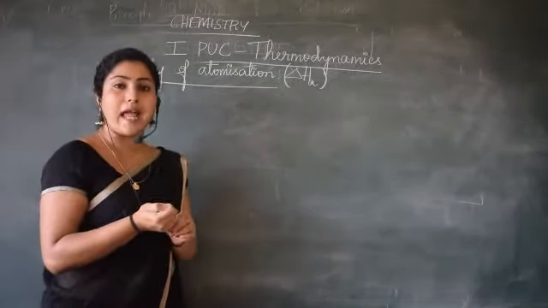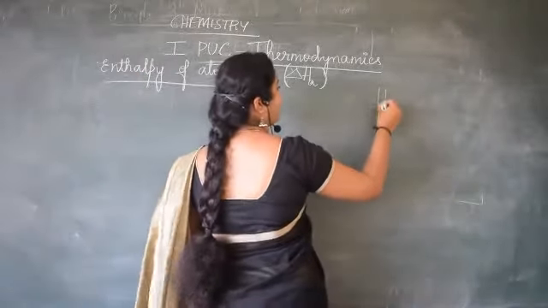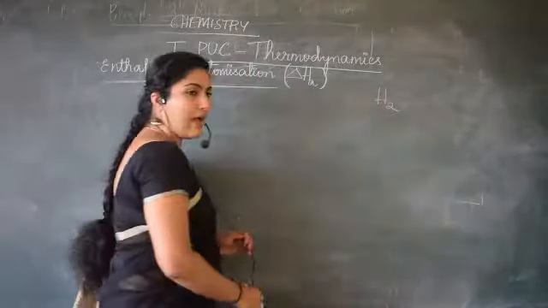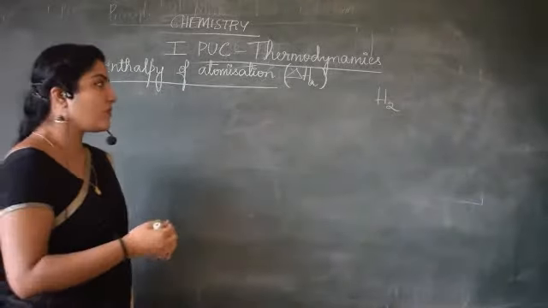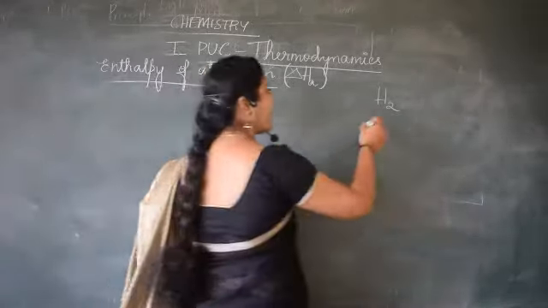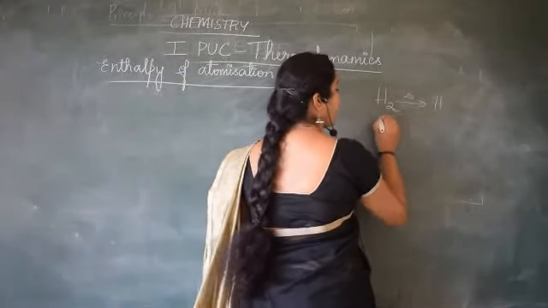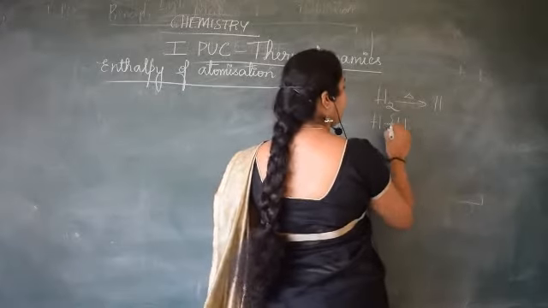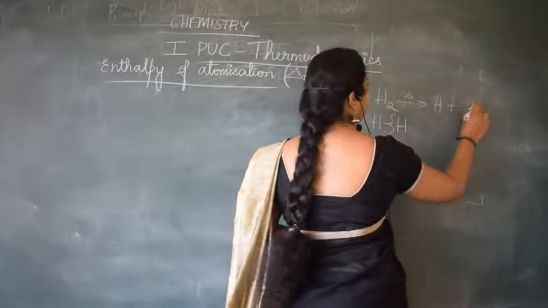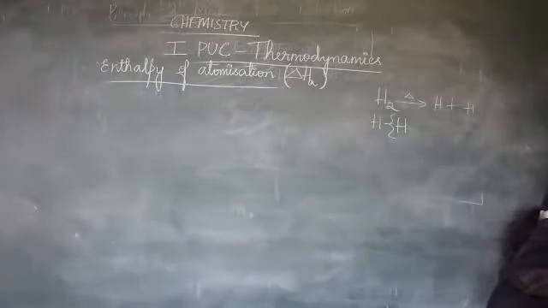For example, if you have H2, a hydrogen molecule, how will atoms be formed? When the H-H bond is broken, you get H plus H atoms, isn't it? This process is called atomization.